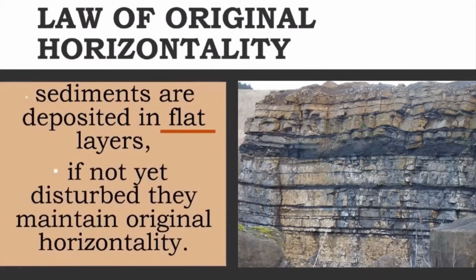And these are sediments. According to study, these are sediments deposited in flat layers. And these sediments, if not disturbed, maintain their original horizontality. Therefore, they call it the law of original horizontality.